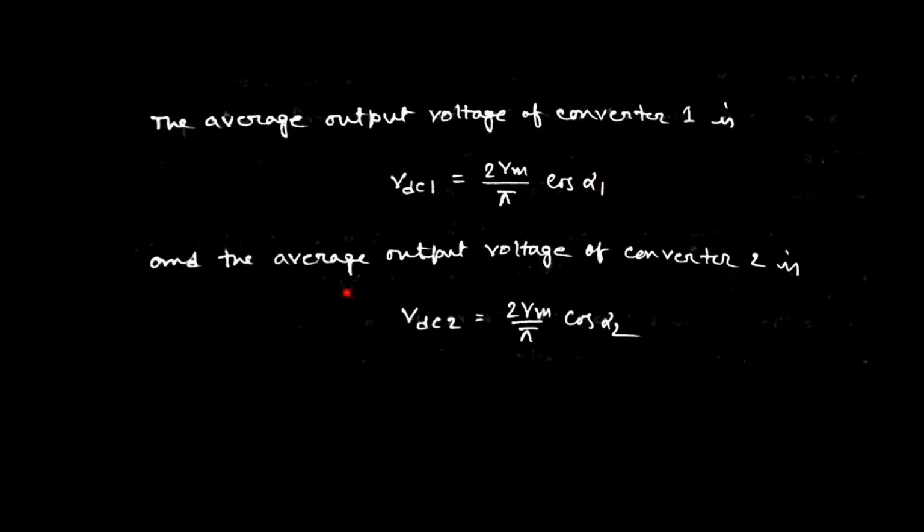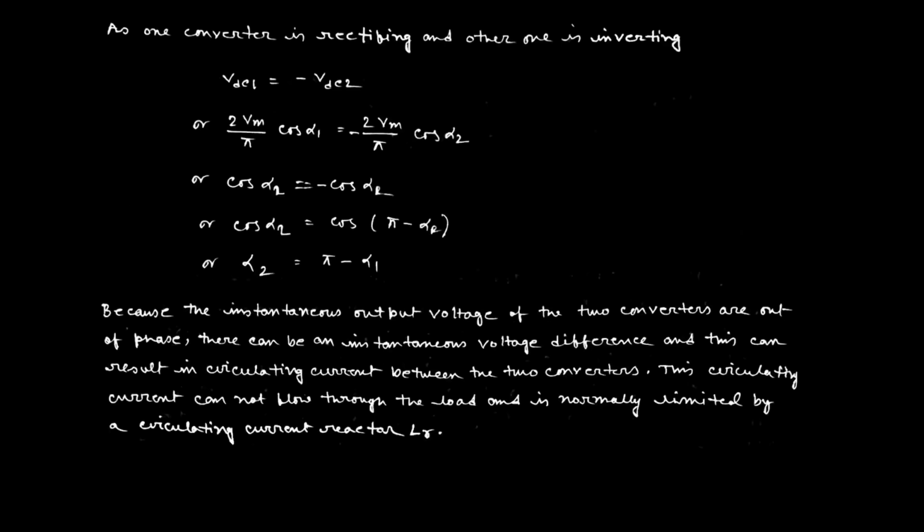Similarly, the average output voltage of converter 2 can be replaced by this equation, that is VDC2 equal to 2Vm by pi cos alpha 2, where alpha 1 is the firing angle for the first converter and alpha 2 is the firing angle for the second converter. As they are connected back to back, the output voltage magnitude can be the same. That is why we can say VDC1 should be equal to minus VDC2.